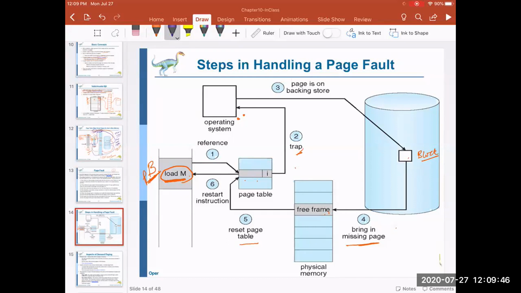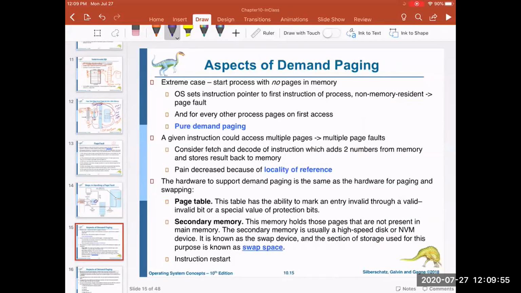And how this magic is being run, this is based on this valid-invalid bit. Now let us suppose when your program starts. Whenever your program is starting, the PCB is already there. It requires the instruction, so we provide the logical address space to the CPU.